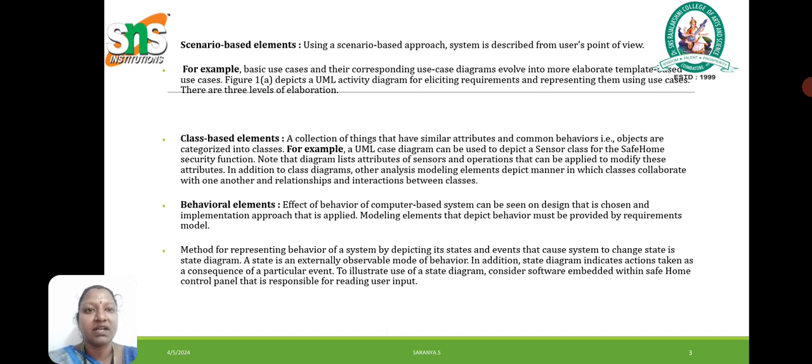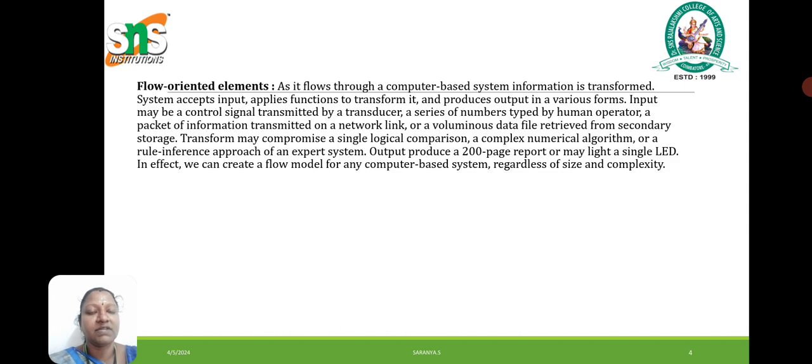Next one is behavioral elements. The effects of the behavior of a computer based system can be seen in the design that is chosen and the implementation approach that is applied. Modeling elements that demonstrate behavior must be provided by the requirements model. Next is flow oriented elements.